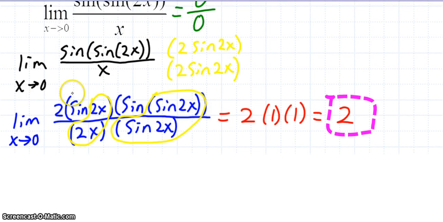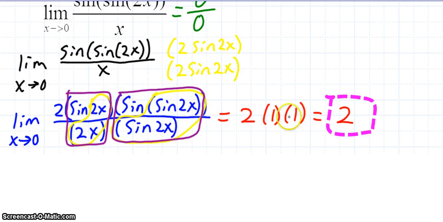So I'm essentially grouping this. The limit as x goes to 0 of that is going to be 1. The limit as x goes to 0 of this is going to be 1. And then the 2 just stays there. So I have 2 times 1, which is 2.